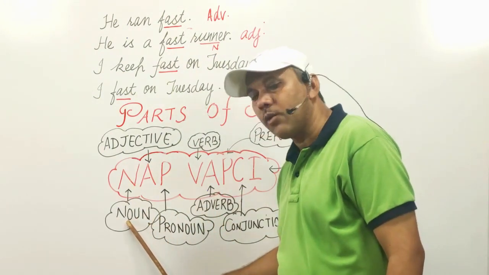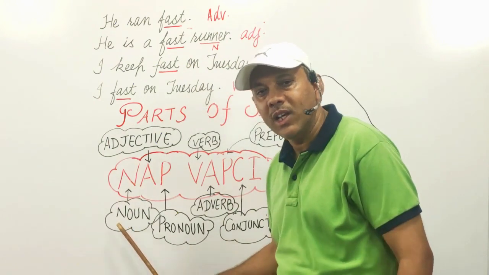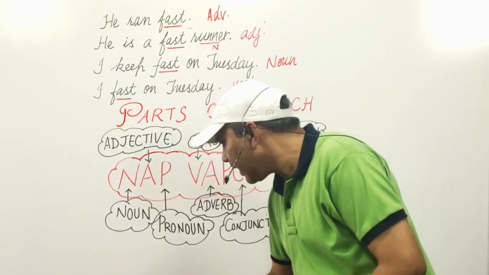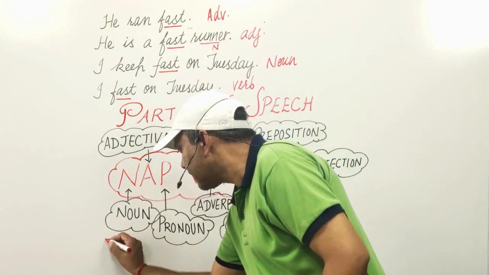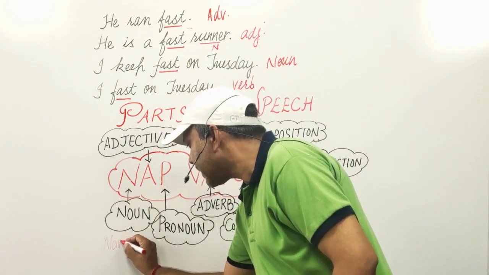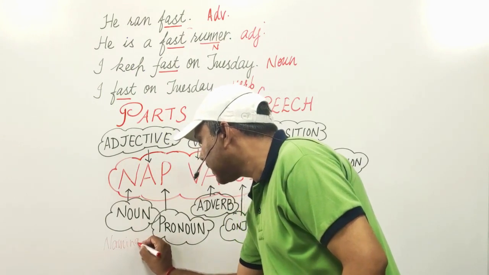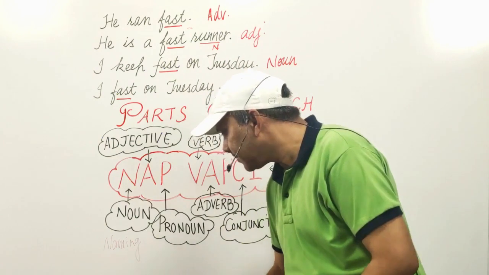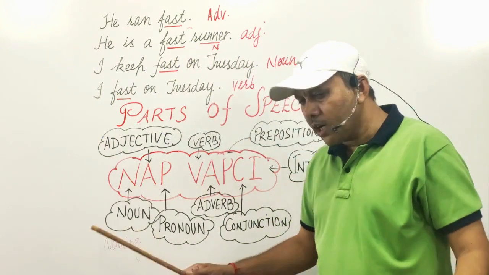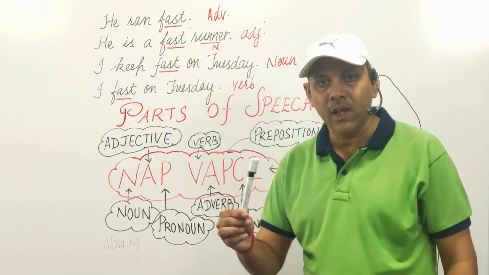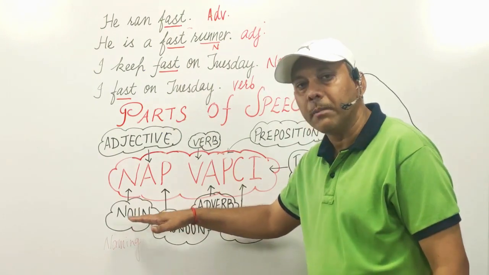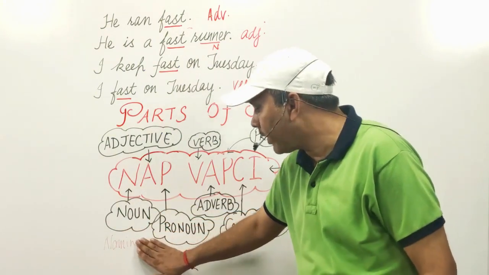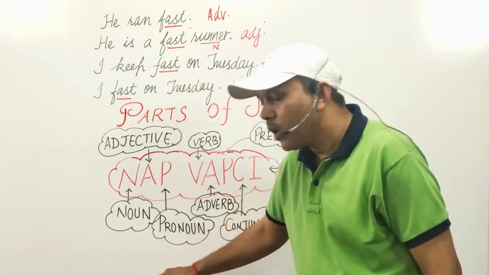For example, first of all, noun. What is a noun? A noun is a naming word. It tells us about names. For example, this is a marker. Name of a person, place, thing, idea, feeling, that is known as a noun.